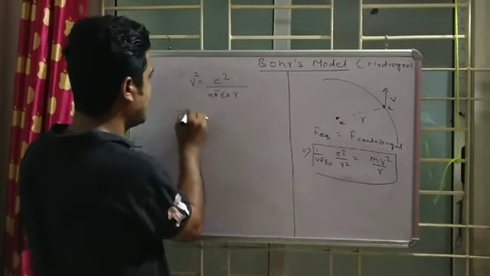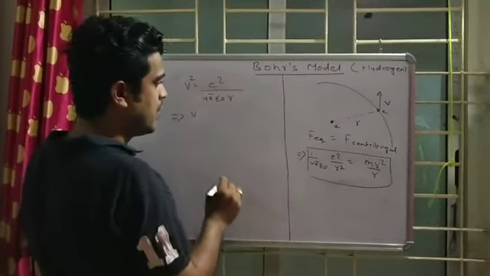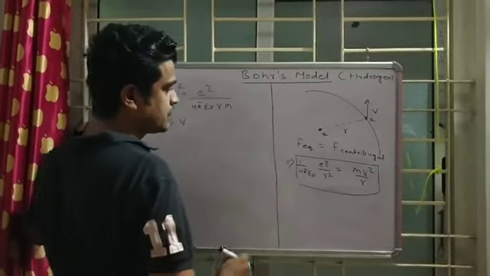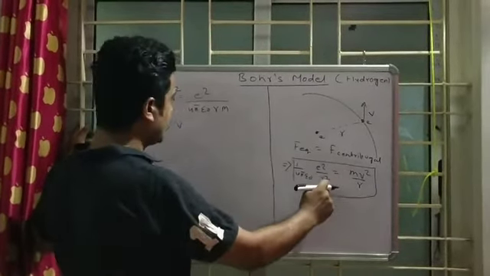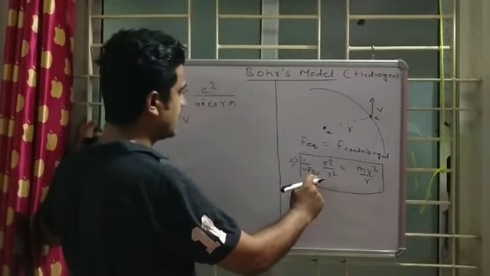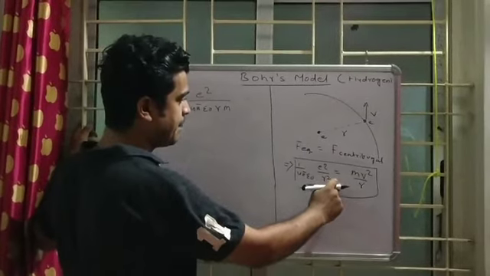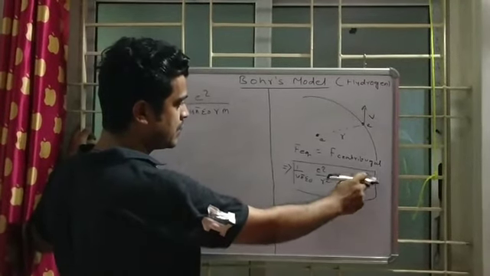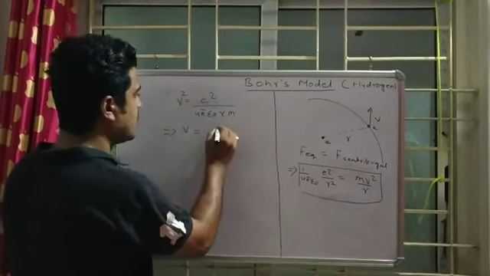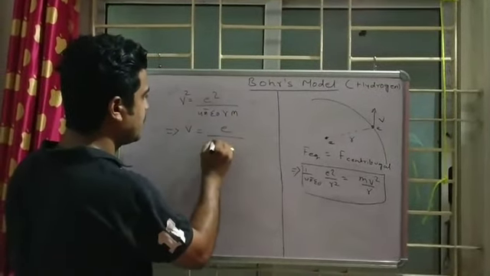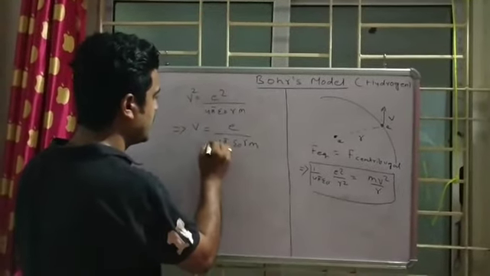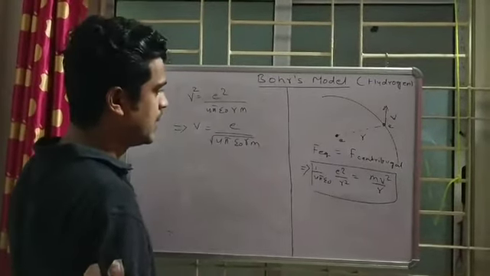So v square equal to e square upon 4 pi epsilon 0 m r, and v equal to root over this.